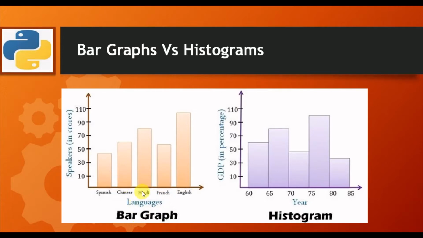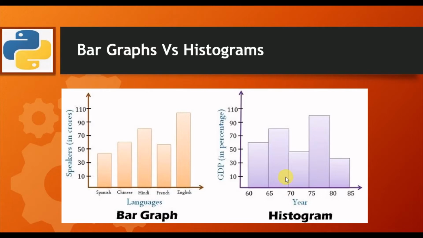In the given graph, the x-axis shows the various languages, that is Spanish, Chinese, Hindi, French and English, while the y-axis shows the number of speakers in crores. So the bar graph is comparing the different numbers of speakers with respect to the language.